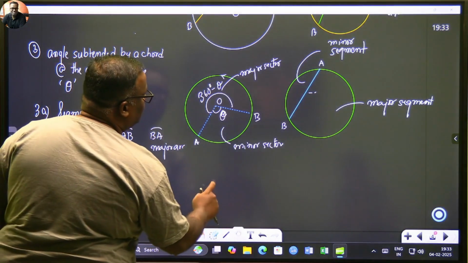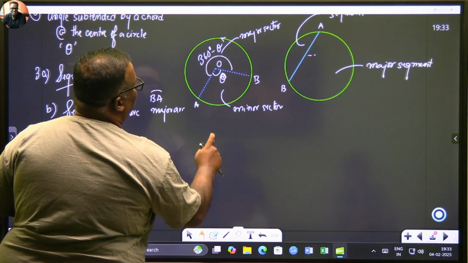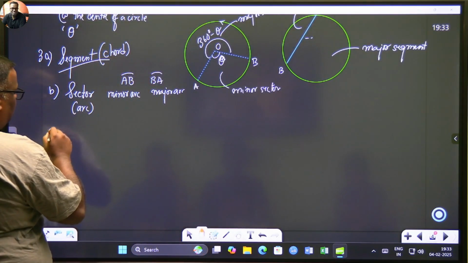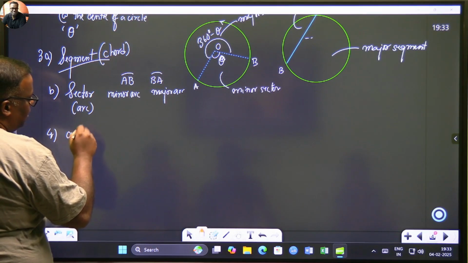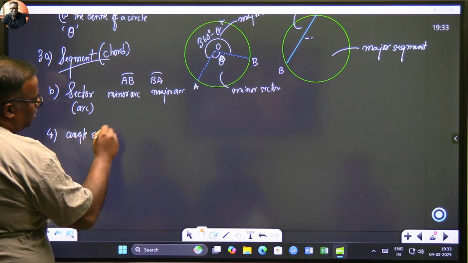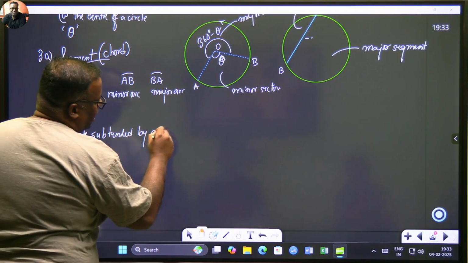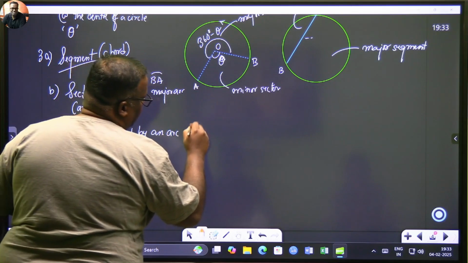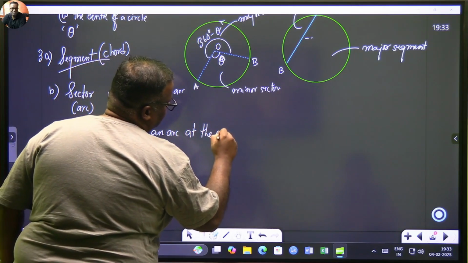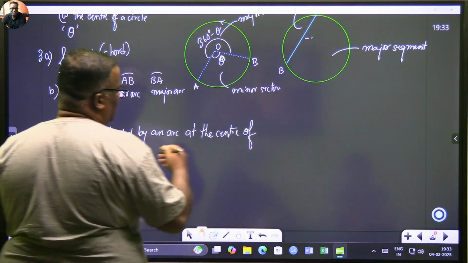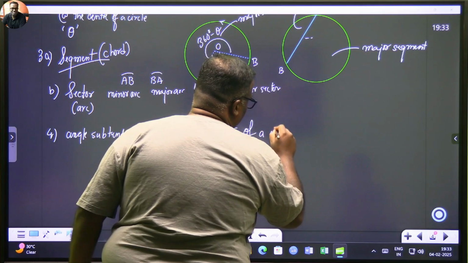You are now ready to understand something more, on the same diagram. Number 4, angle subtended by an arc at the center of a circle. This will be initially a little bit of a problem, I'm telling you upfront.